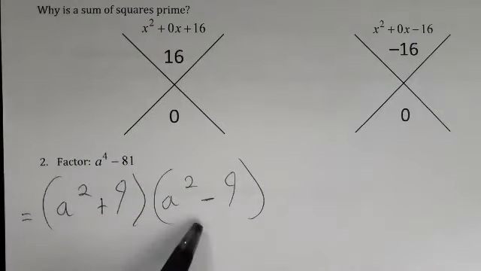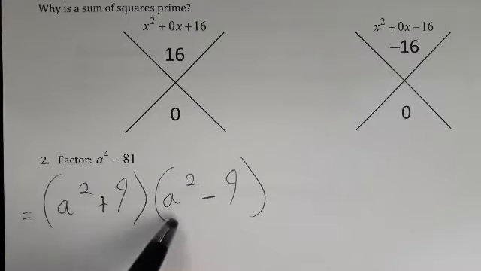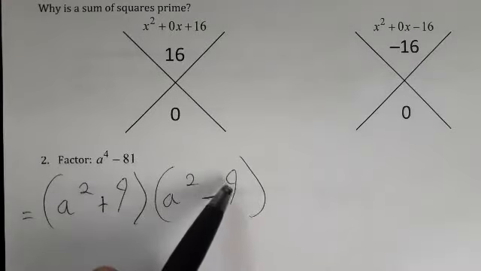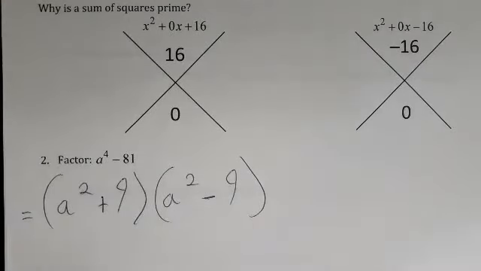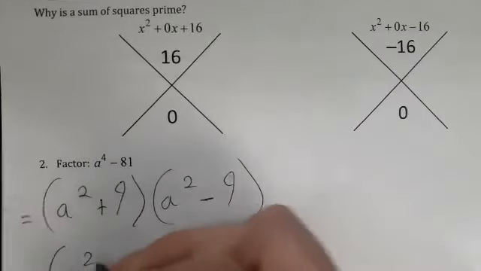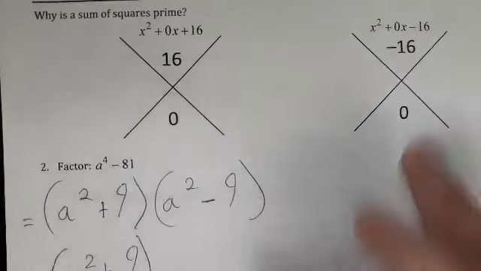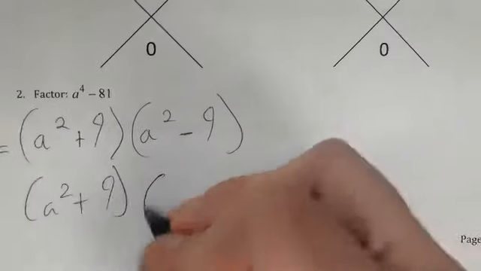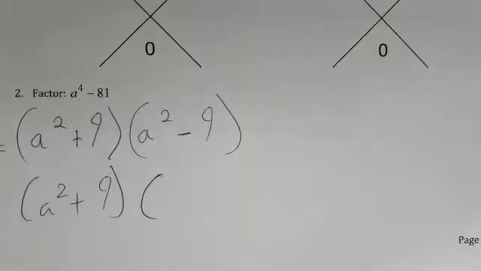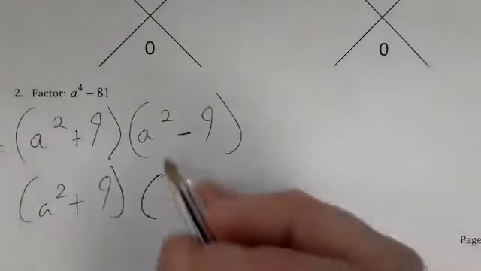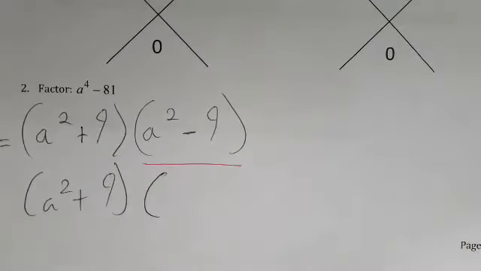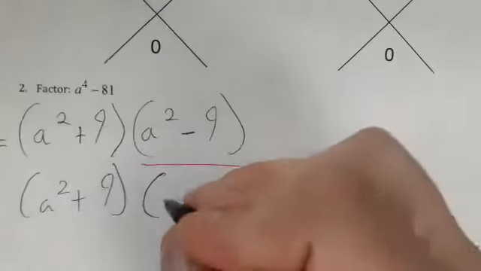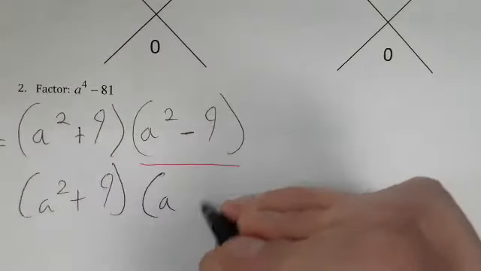This other thing is still, that's a square, and that is a square. So that is a difference of squares. A squared plus 9, I can't do anything with that. I'm just going to bring it down. But this thing, I can still factor into the square root of a squared, which is a, and the square root of 9 is 3.